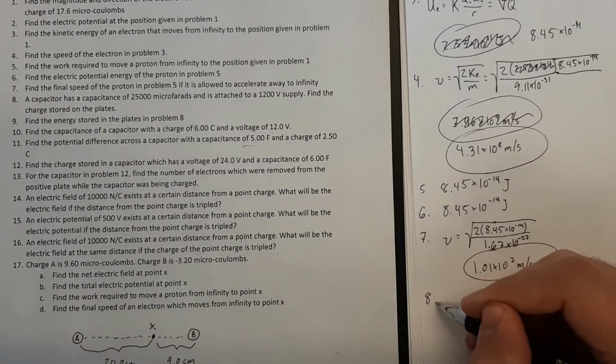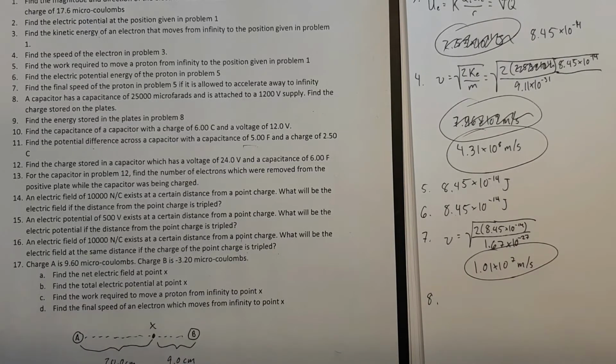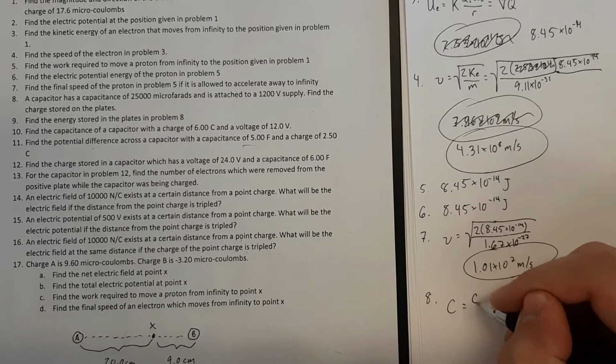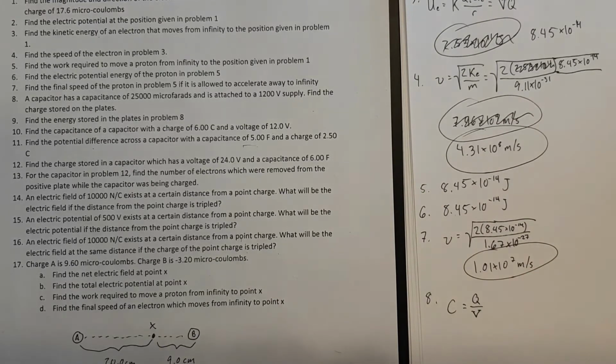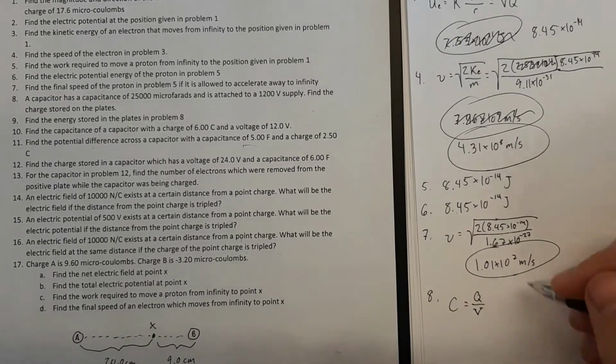Number 8, a capacitor has a capacitance of 25,000 microfarads and is attached to a 1,200 volt supply. Find the charge stored on the plates. Okay, so we've got capacitance equals charge over voltage. We're looking for the charge stored, so we're just going to be multiplying V over.